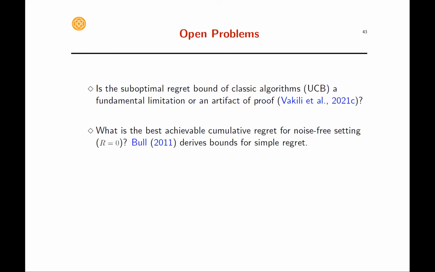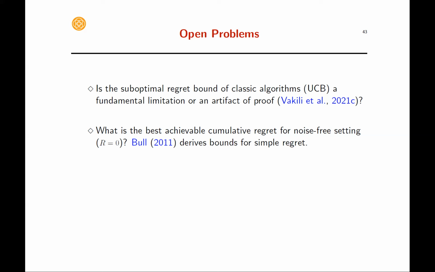I think this problem can be solved either by showing a lower bound for UCB, finding a particularly difficult function on which UCB cannot achieve sublinear regret, or by fixing the proof of UCB to show sublinear regret. A formalization of this problem can be found in this paper with more details.